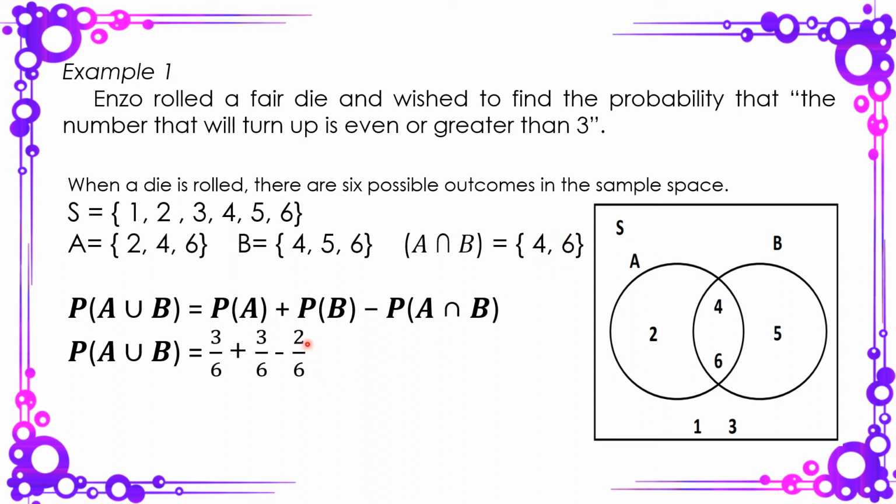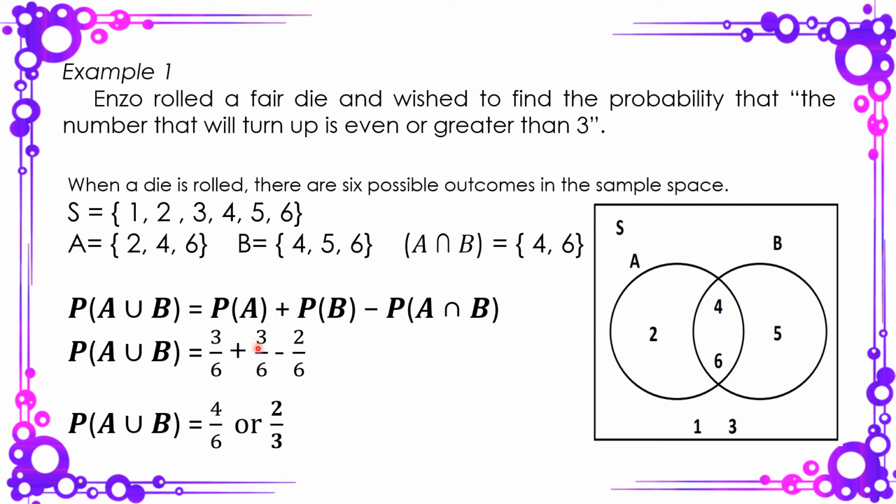So this is 2 over 6. The first thing that you have to do is to add 3 over 6 plus 3 over 6. These are similar fractions, so just add the numerators. 3 plus 3 is 6, so this is 6 over 6.